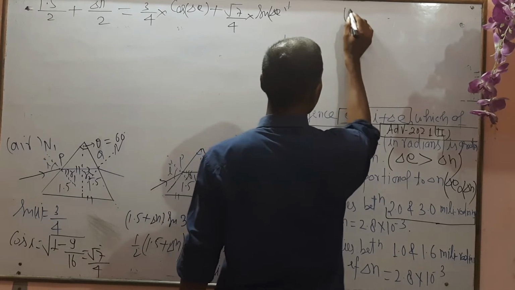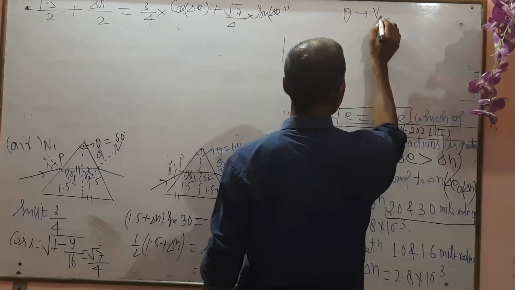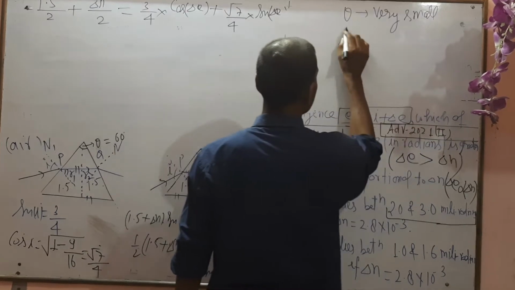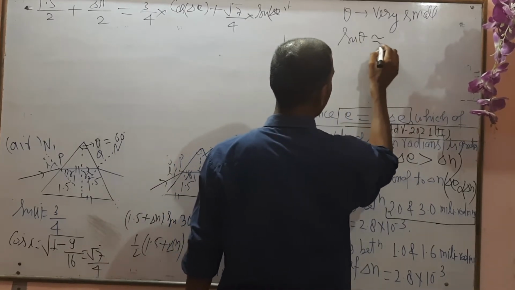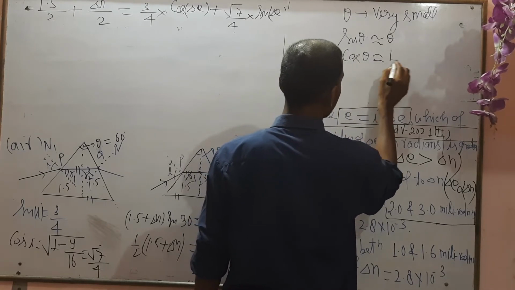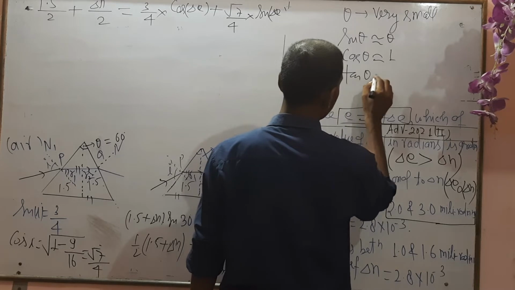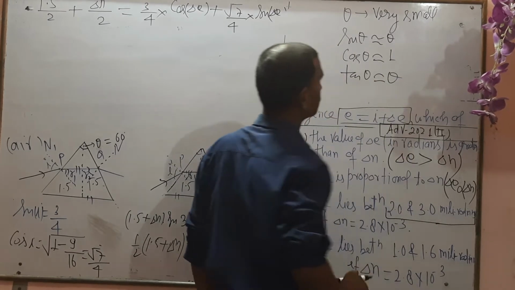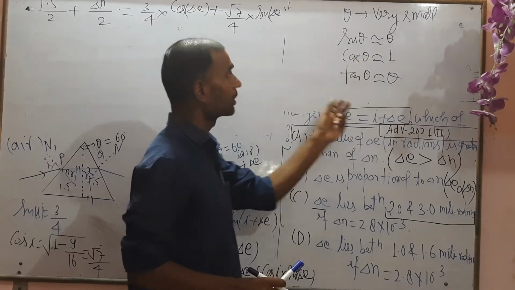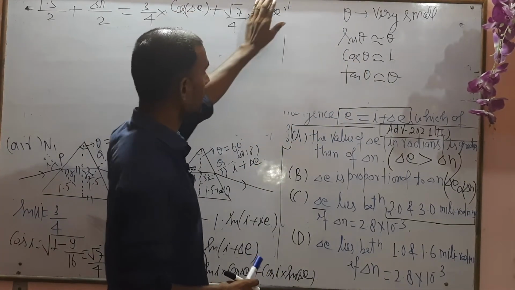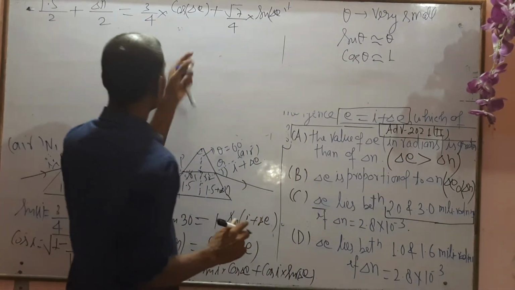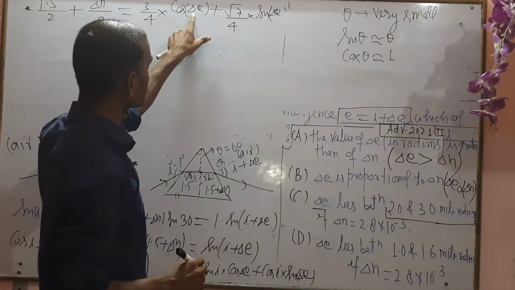If theta is very small, it implies that sin theta approximately equals theta, cos theta approximately equals 1, and tan theta approximately equals theta. But we require the values of sin theta and cos theta, because in this question cos theta is this and sin theta is this. So we are removing tan theta, and putting the value of cos of delta i.